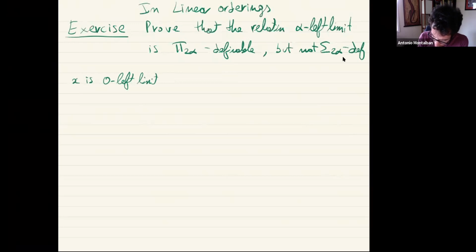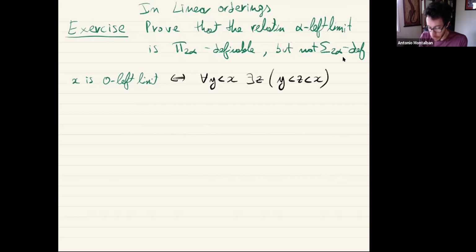X is 0 left limit if and only if it's a limit from the left. So for every y below x, there exists a z such that y is below z is below x. That's what it means to be a limit from the left.